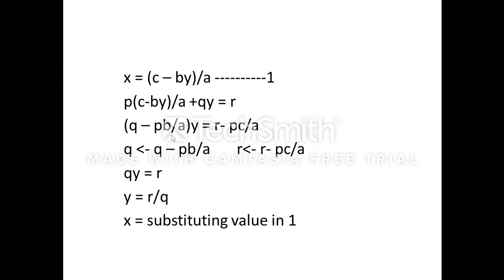Then we derive the value of y: (q minus pb divided by a) multiplied by y equals r minus pc divided by a. We have replaced q by q minus pb by a, and r by r minus pc divided by a. Therefore qy equals r and y equals r by q. From this value we can evaluate the value of y, and in the same way we can derive the value of x from equation 1.